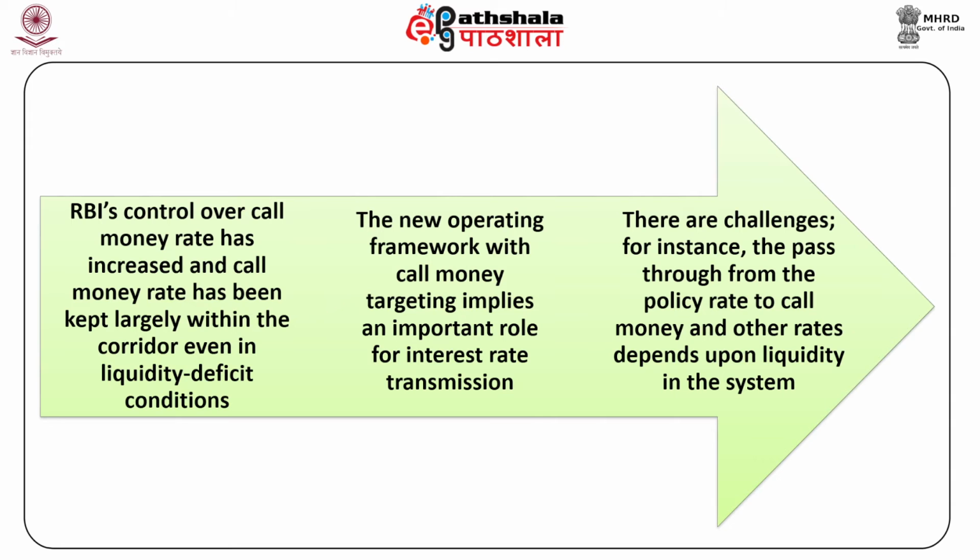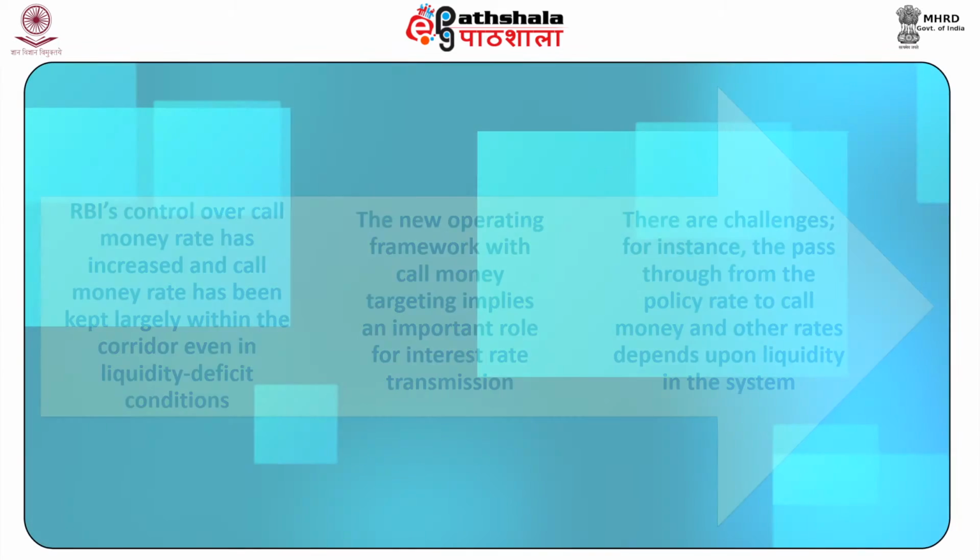However, there are challenges. For instance, the pass through from the policy rate to call money and other rates depends upon liquidity in the system. Evidence suggests that such pass through is more evident in liquidity deficit phase as compared to the liquidity surplus phase.